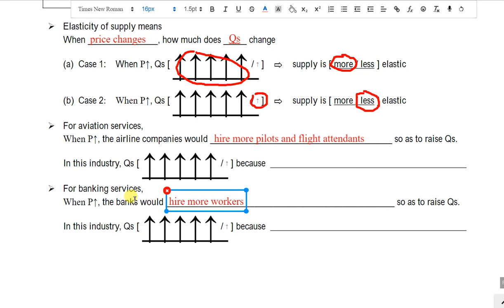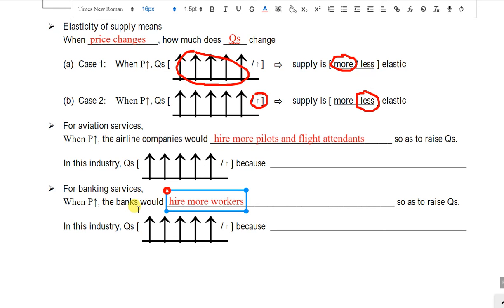But for the banking services, of course, you guys have knowledge about economics, right? And somehow you can also apply for a job in the banking industry. It doesn't matter whether you have the training or not. That's why in that case, the banks will find it easier to hire more workers so as to raise the quantity supplied.